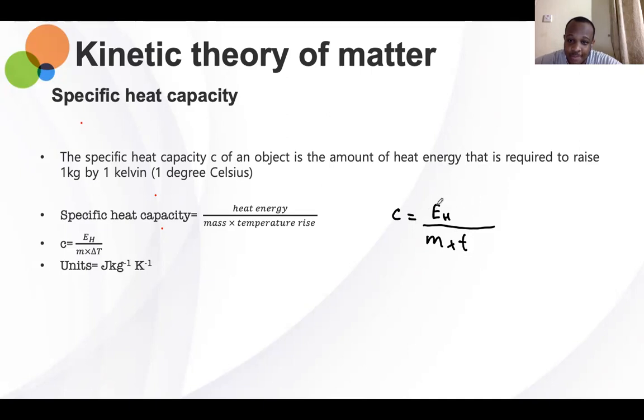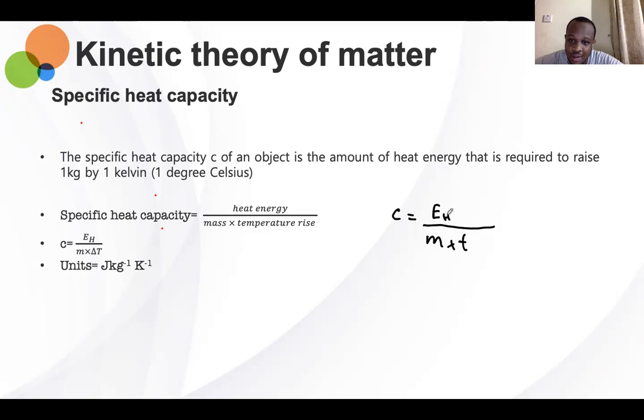So essentially, if the specific heat capacity increases, for example, if we have a much more dense material, we'd have to have more heat energy to get the temperature change that we want, right?